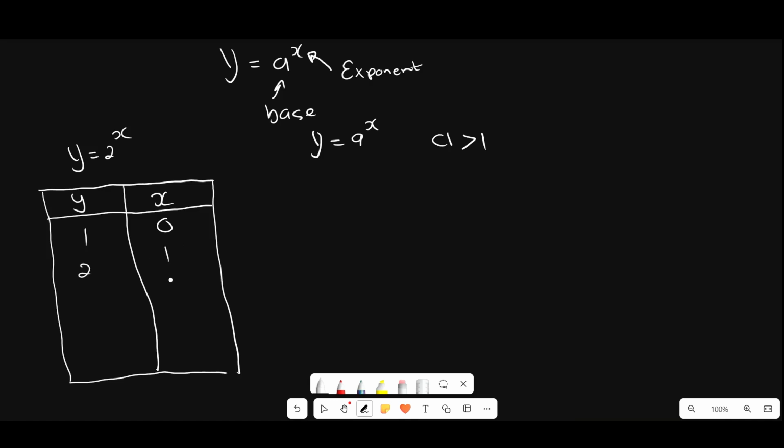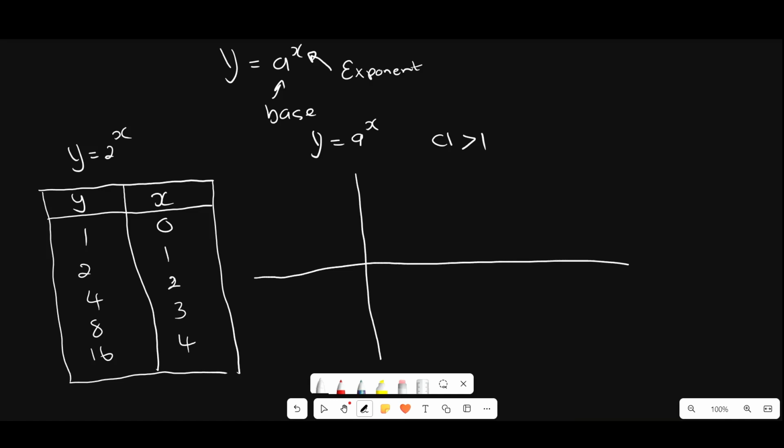If you have an x value of 2, then you have 4. You have 3, you have 8, and then you have 4, you have 16, and so on. Those are the numbers that you're going to use. Let us plot this graph here.